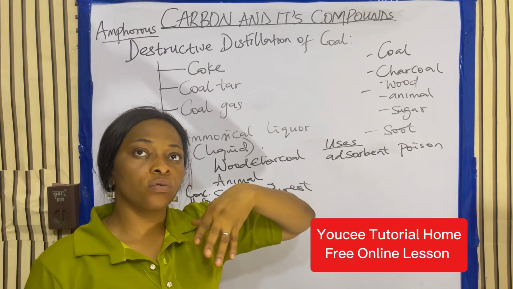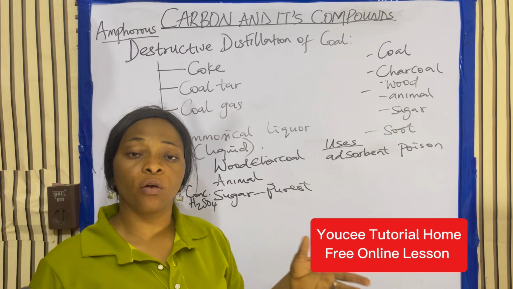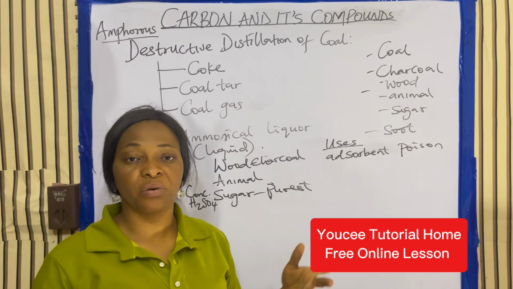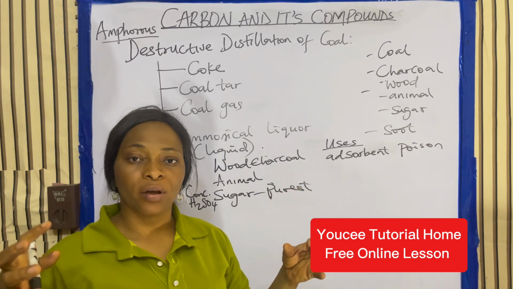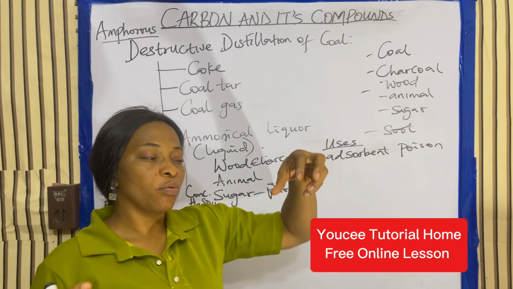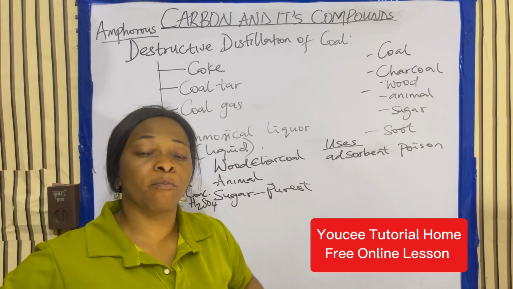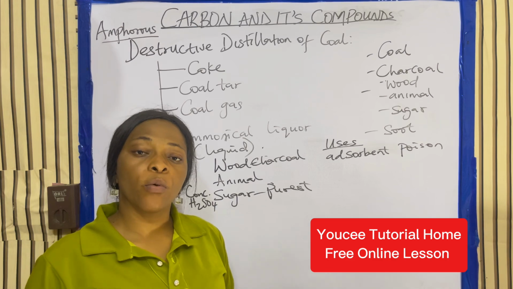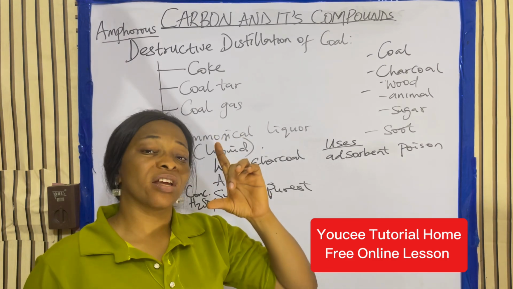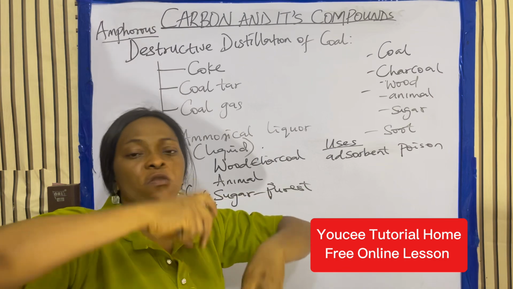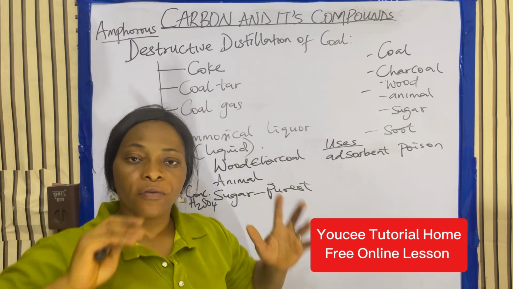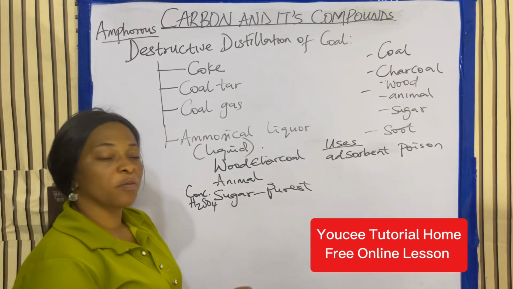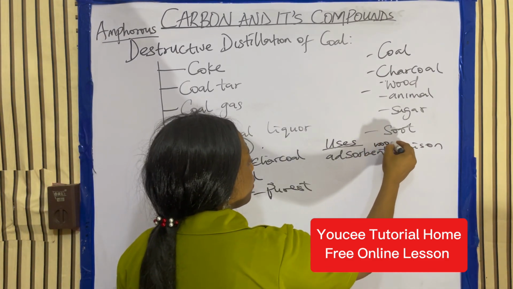Even in our local hospitals or clinics, when someone has poisoning, probably you ate food that has been poisoned, you can make use of what we call activated charcoal, mix it with water, and drink. It will absorb all the poison and remove it from the person's body. So charcoal, especially wood charcoal, is used for this.